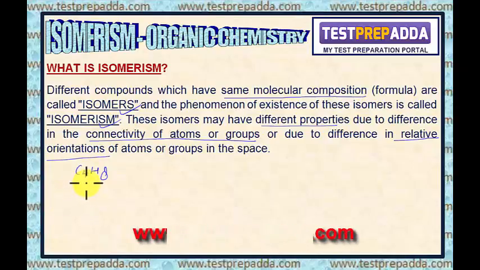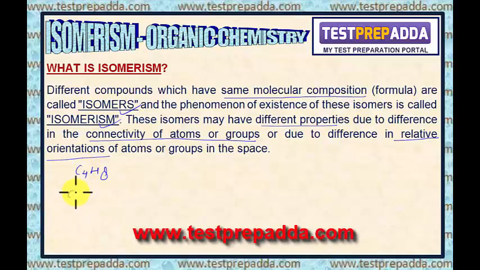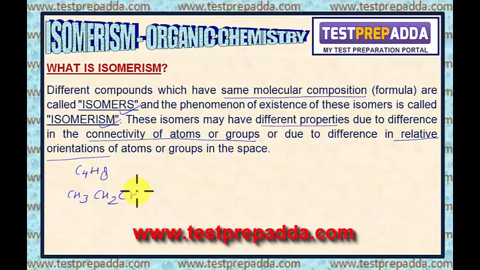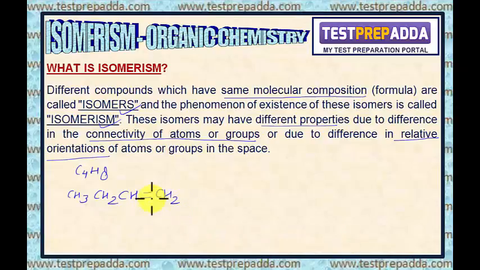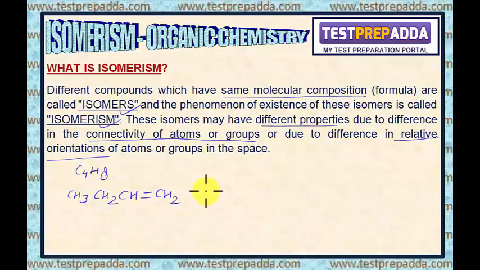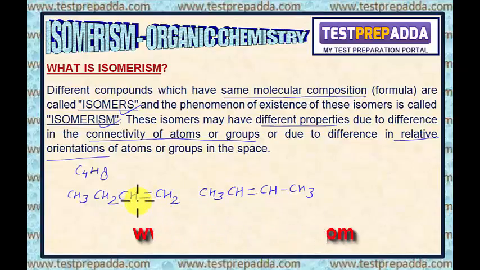Now, if I try to write different compounds of this molecular composition, I can write CH3 CH2 CH=CH2, and another compound CH3 CH=CH CH3. Now just see these two compounds. In these two compounds, you can see a little bit of difference in the connectivity.